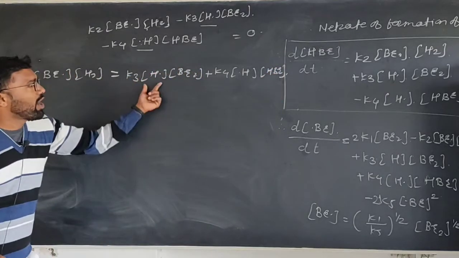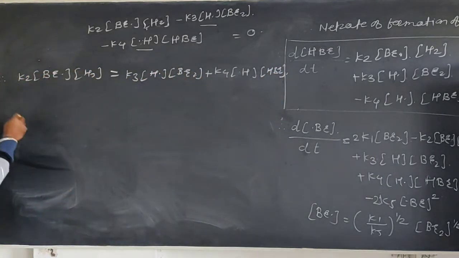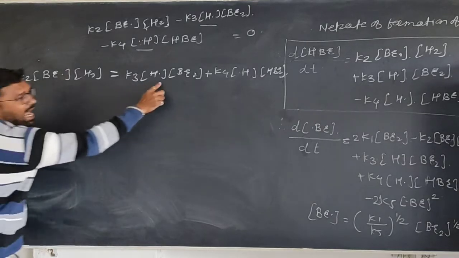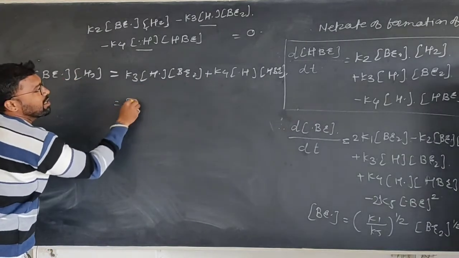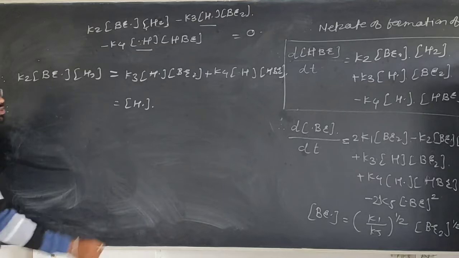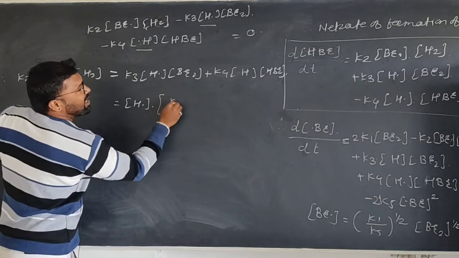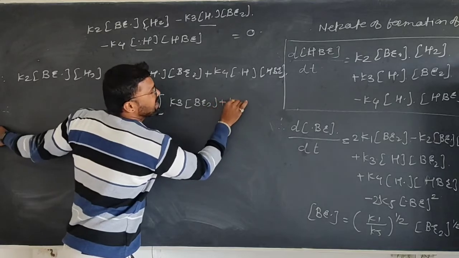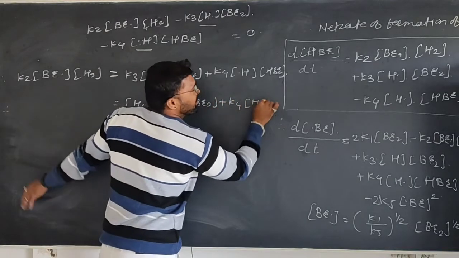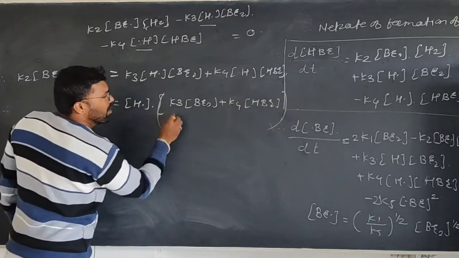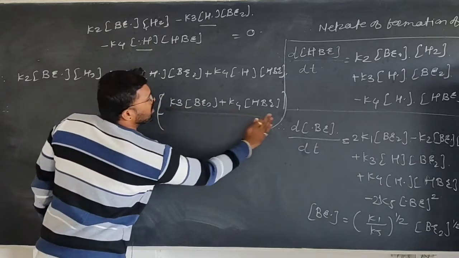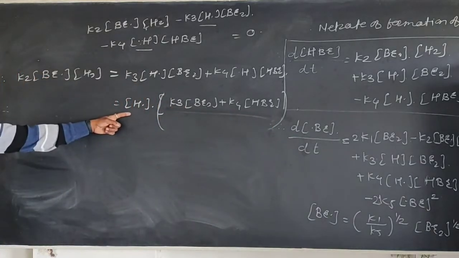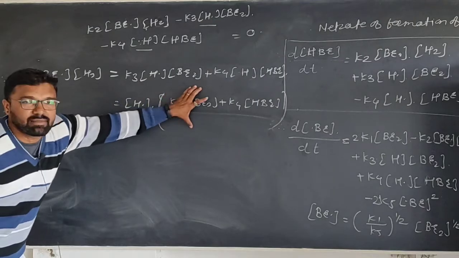Now hydrogen is common there. Taking the hydrogen radical common from the right hand side, the remaining terms are K3 into Br2 plus K4 into HBr, in a big bracket, and the hydrogen radical is multiplied there.